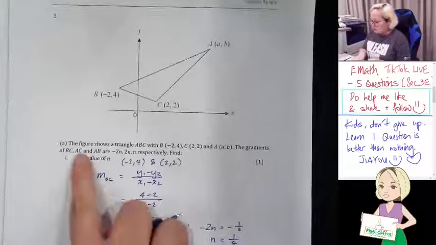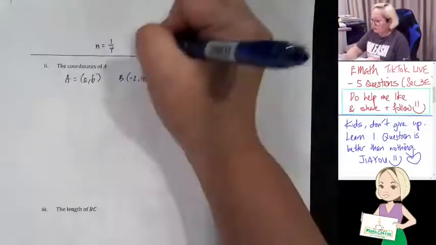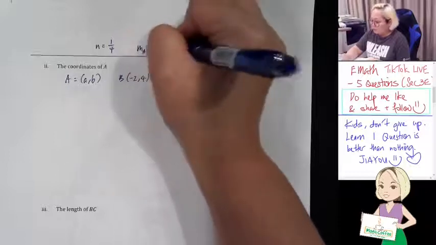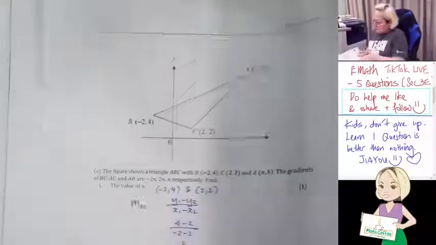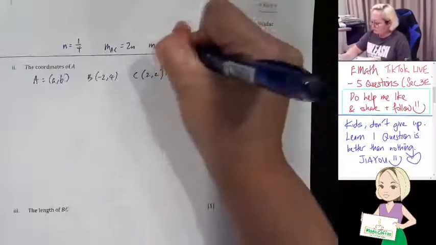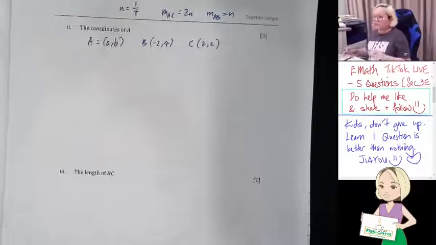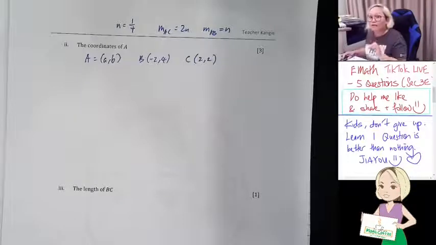Now over here, they say gradient AC is 2n. I'm going to just write the information. Gradient AC is 2n. Gradient AB is n. So these are the information. The gradient formula is always the same for a line. You just need to find any 2 points on the line, use y1 minus y2 over x1 minus x2 and you get the gradient.